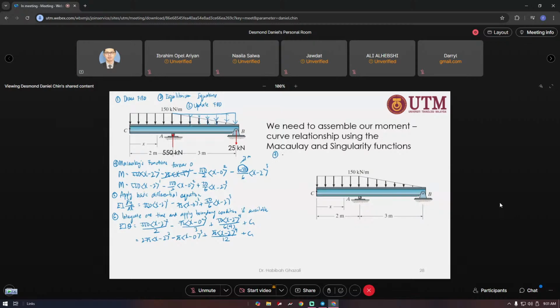Step 7, integrate second time and apply boundary condition. So EIy will become 275 (x minus 2) cubed divided by 3.